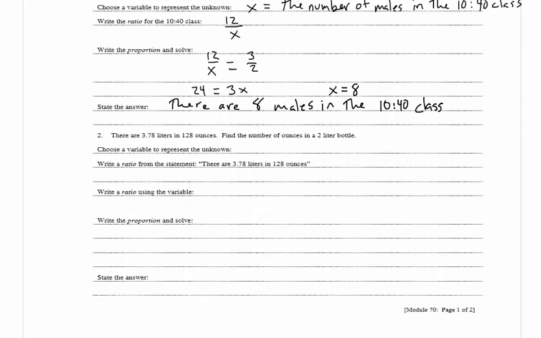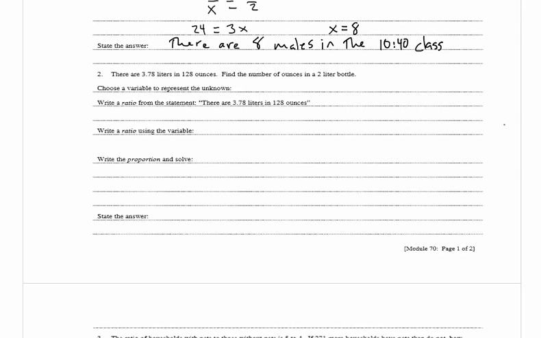In 2, it says there are 3.78 liters in 128 ounces. Find the number of ounces in a 2-liter bottle. So the first thing we're going to do is choose a variable to represent the unknown. So we can say that x equals the number of ounces in a 2-liter bottle.